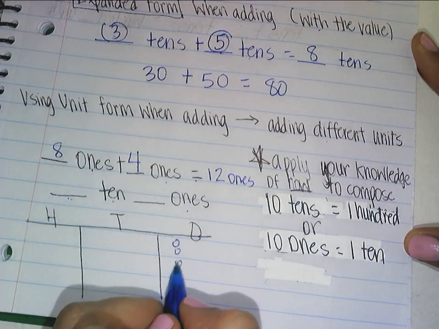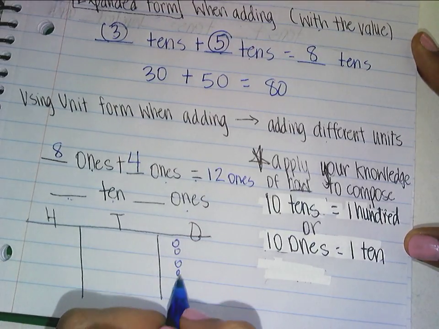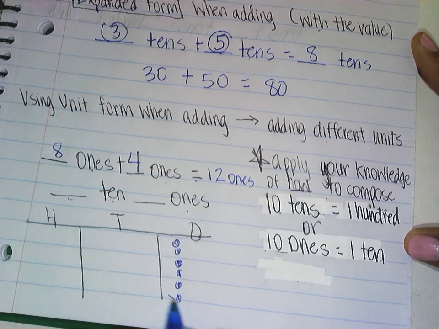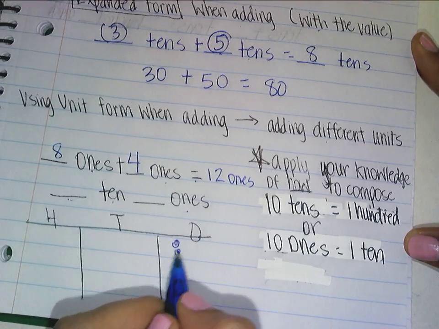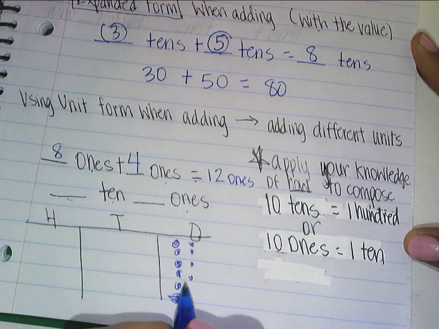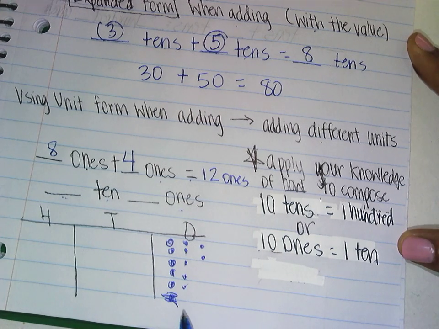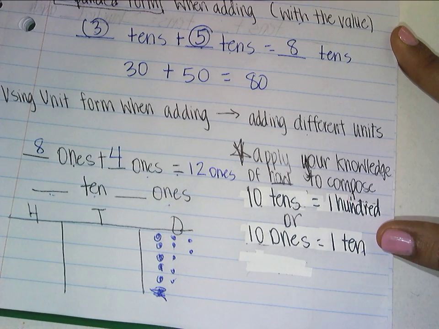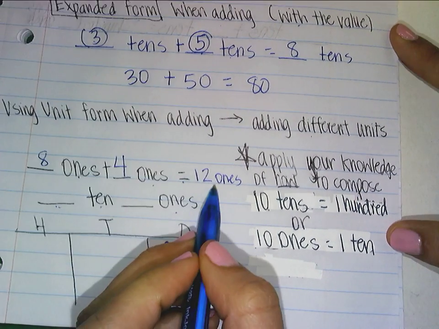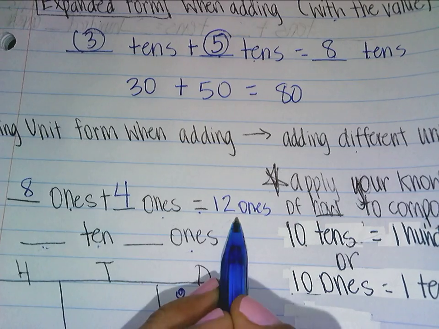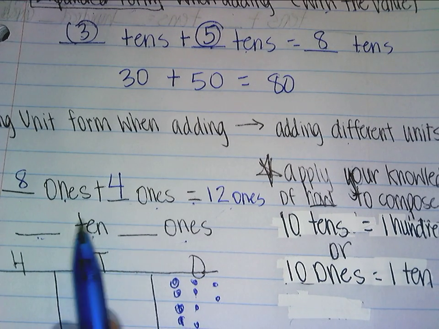If I have 12 ones, and I'm going to use my chips, 1, 2, 3, 4, 5, 6, 7, 8, 9, 10, 11, 12. Here's where you're going to compose that higher unit. If you have 12 ones, now I need to show my answer using tens and ones.